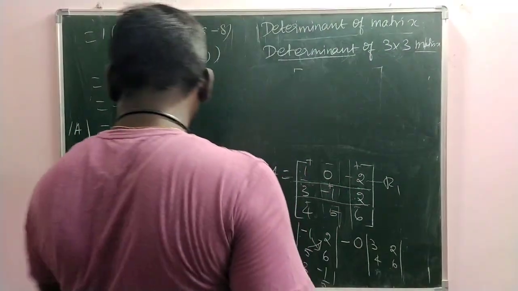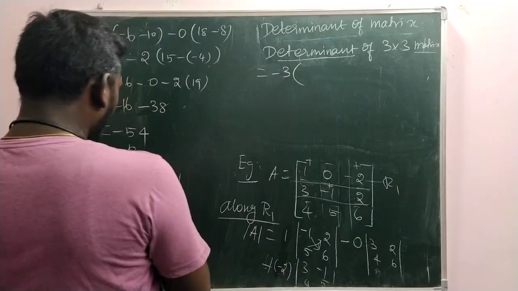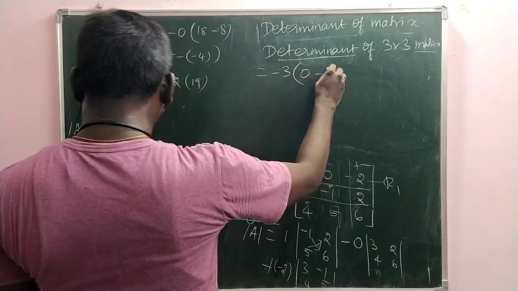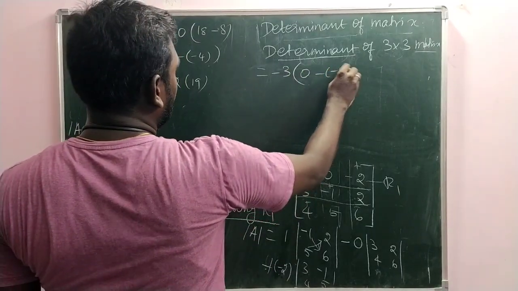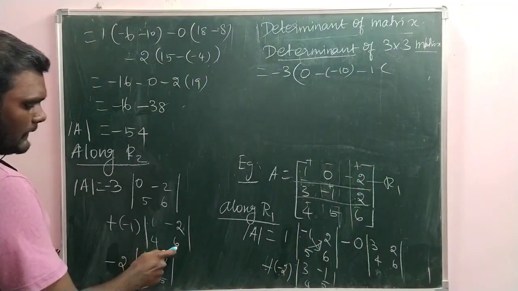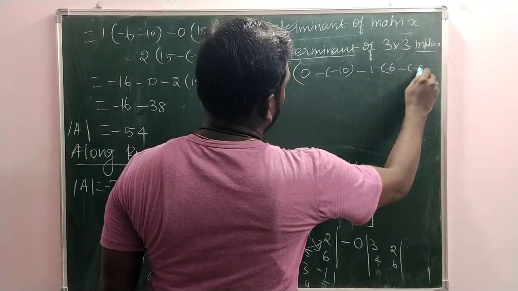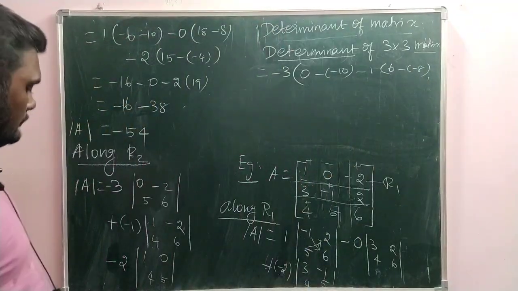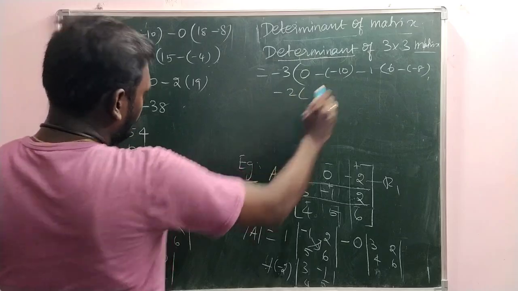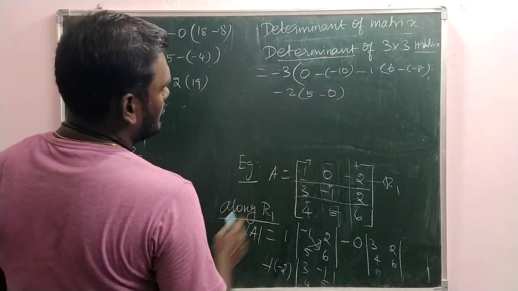Now we will start calculating these things. So what we will get is minus 3 into 0 minus of minus 10, and then minus 1 into 6 minus of minus 8, and then minus 2 into 1 5s are 5 minus 4 into 0.